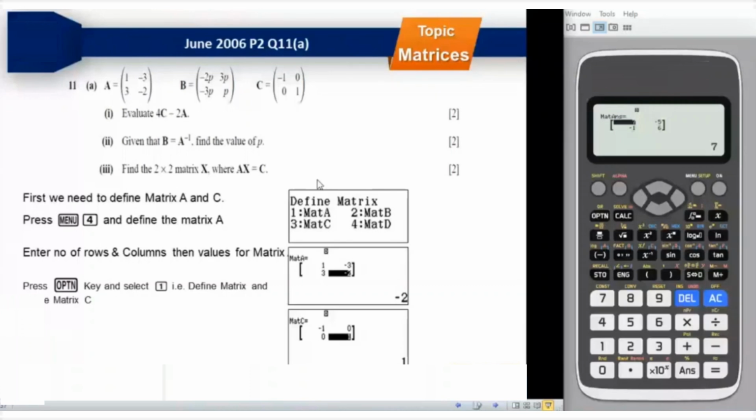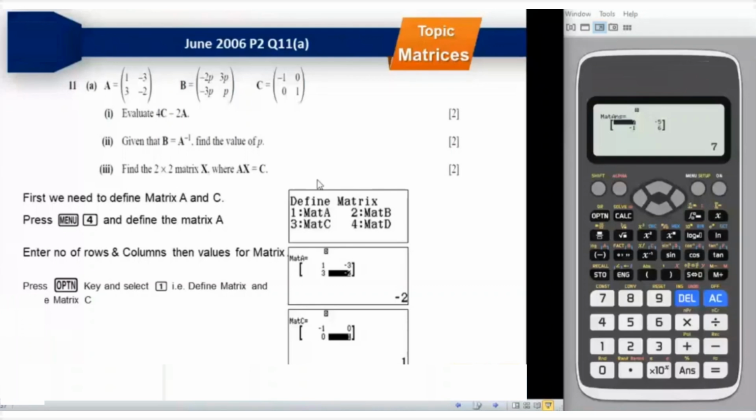Now realize that there are 3 matrices given in this question. The first matrix, that is A, is 1 minus 3, 3 minus 2. Matrix B is minus 2P, 3P, minus 3P and P. While matrix C is minus 1, 0, 0, 1.